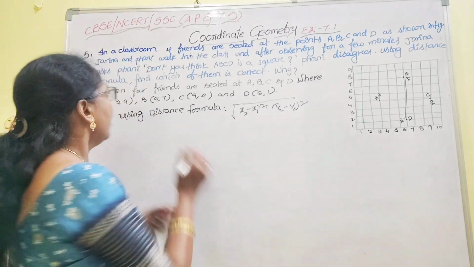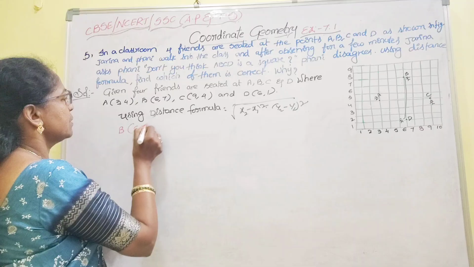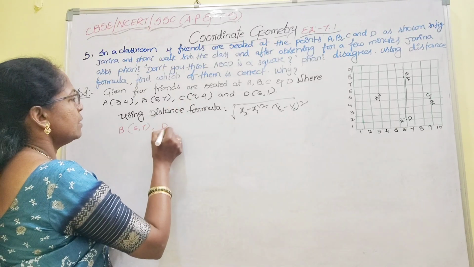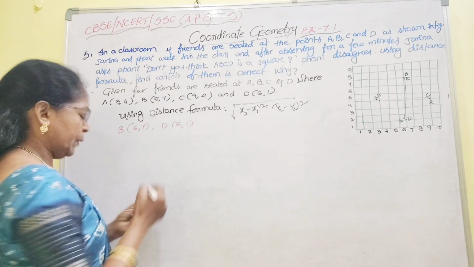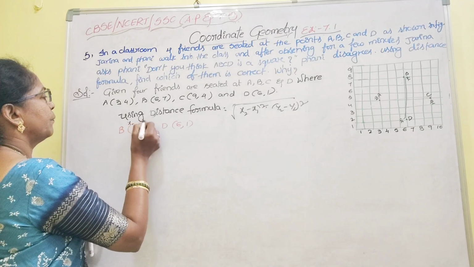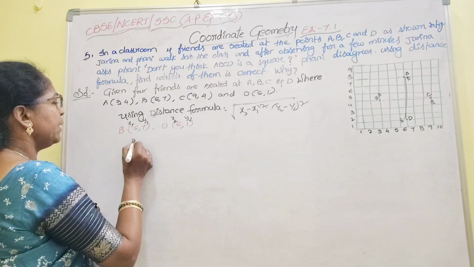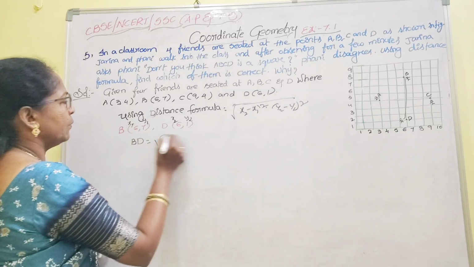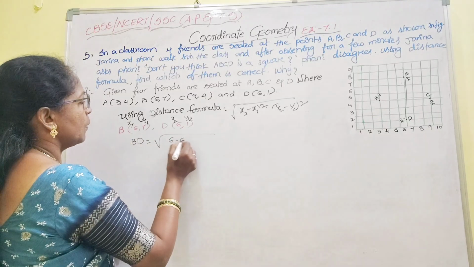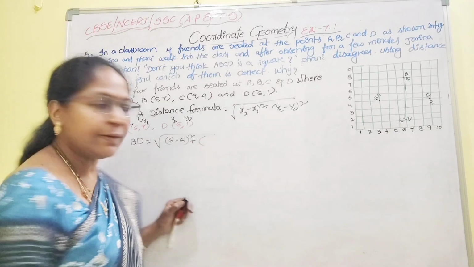Next BD, where B is 6 comma 7 and D point is 6 comma 1. Again you have to assume x1 y1 and x2 y2. So BD distance equals square root of (6 minus 6) whole square plus (1 minus 7) whole square.